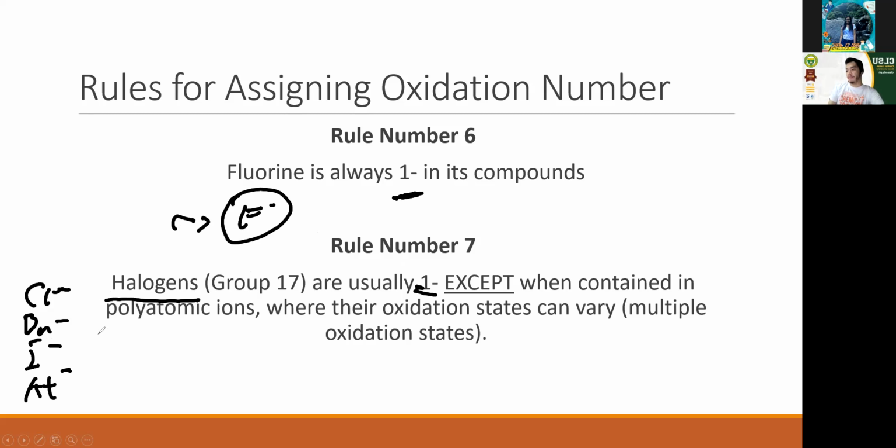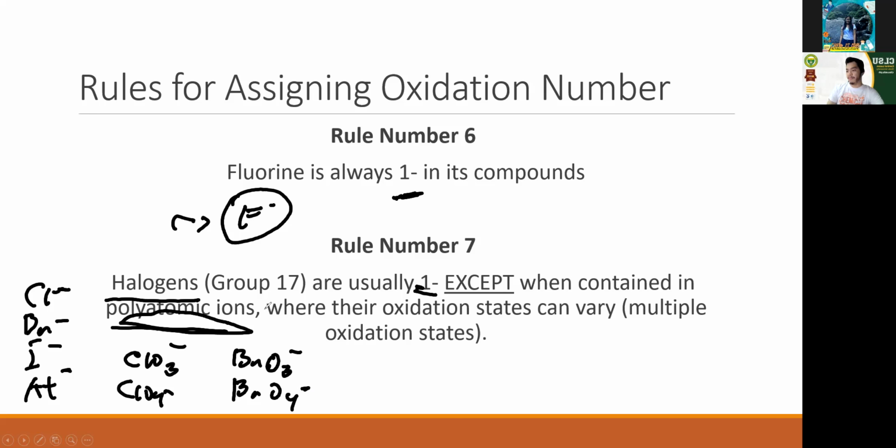Pero, pag naging polyatomic ions na sila, like, kunyari, ClO3 negative, ClO4 negative, BrO3 negative, BrO4 negative, yung charges nila dito, hindi na negative 1.